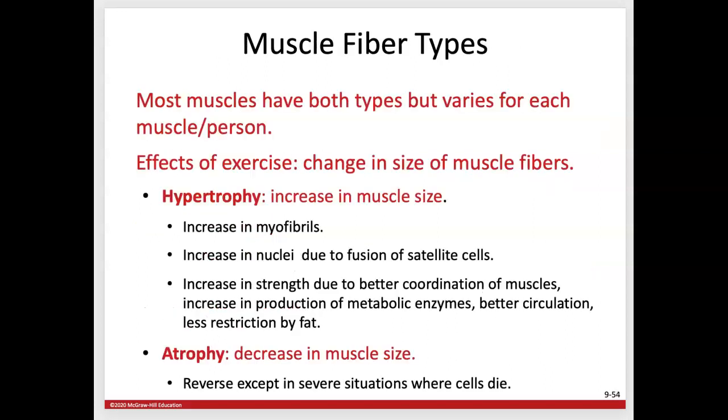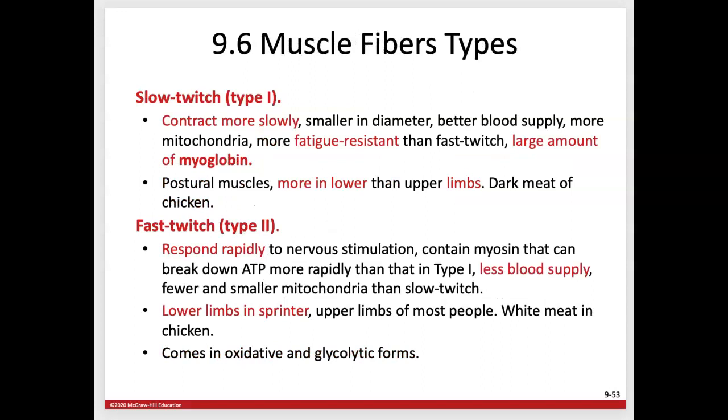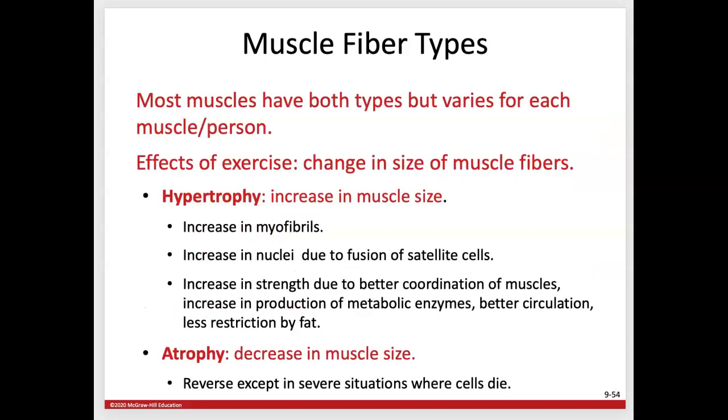So moving forward, let me just say one more thing about this. These are going to be more readily fatigued, right? Sprinters can sprint for short periods, and then their muscles are a little fatigued, and then they stop. Whereas those slow twitch fibers, like I said before, are fatigue resistant. They can go for a long, long period.